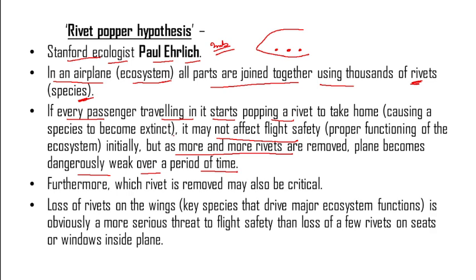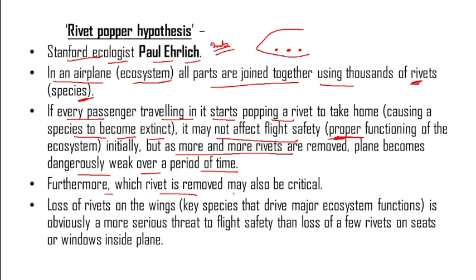If we compare this hypothesis with species, then if species become extinct one by one, initially the functioning may not be affected, but slowly, as more and more species become extinct, slowly and steadily the proper functioning of the ecosystem may not take place.